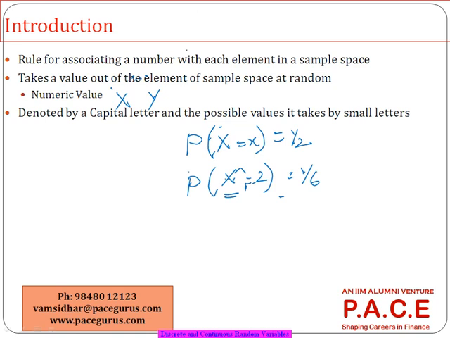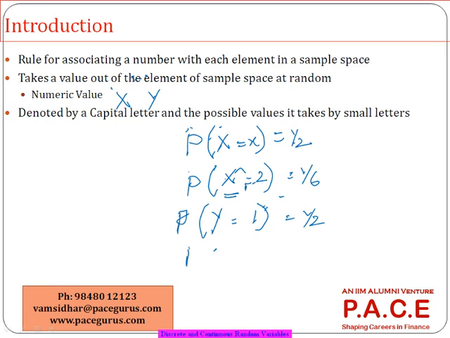Or when I say Y is a random variable for tossing a coin, and I define the event as getting a head, then the probability that it takes one head is 1 by 2.